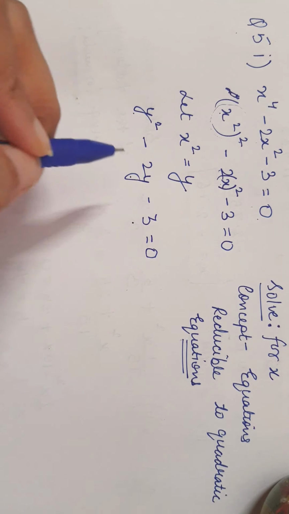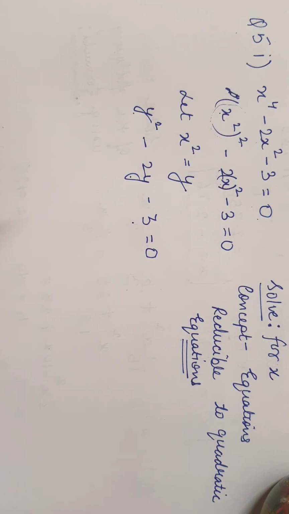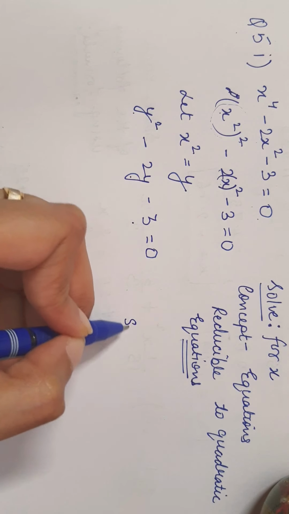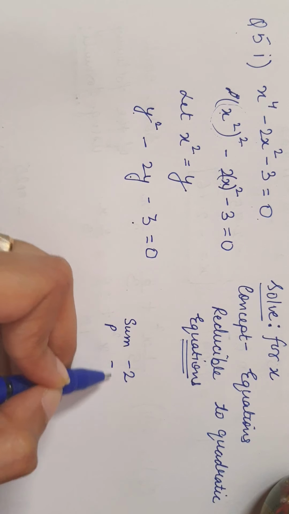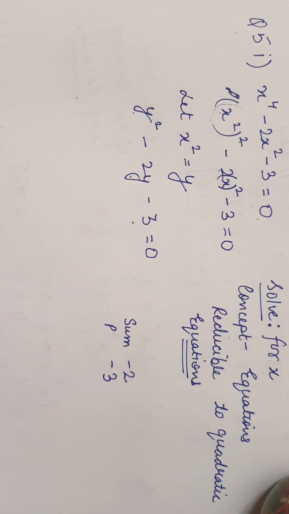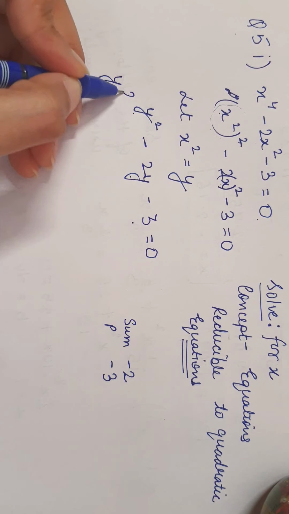Now first step, I want you to solve it by factorization by splitting the middle term. Try to find out factors, that is, the sum should be minus 2 and the product should be minus 3. Does the pair exist? Yes, it does.